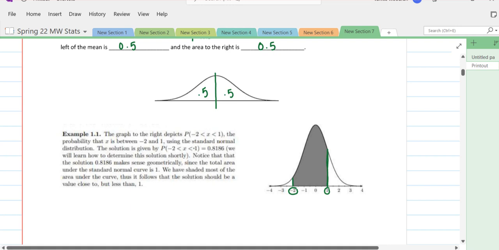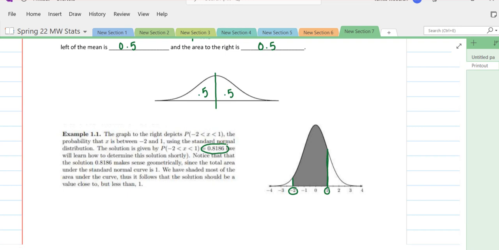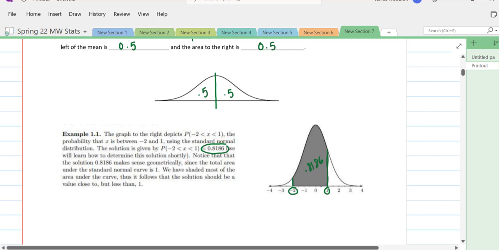Using the standard normal distribution, which we'll talk about in a little bit. The actual probability is 0.8186. So I was close with 75%. It's actually more, 81.86%. Notice that the solution does make sense geometrically. This is 0.8186, and the unshaded area is the remaining 19-some percent.